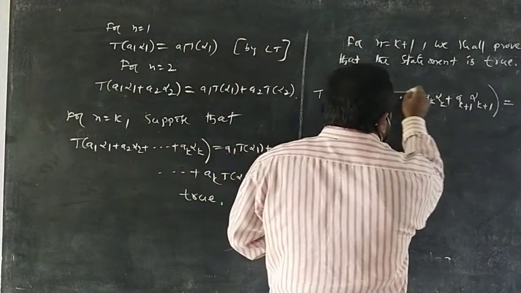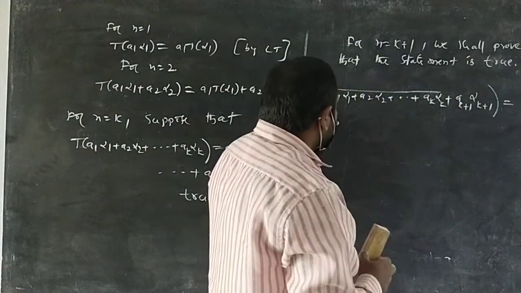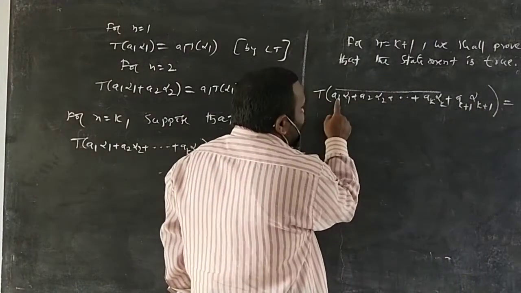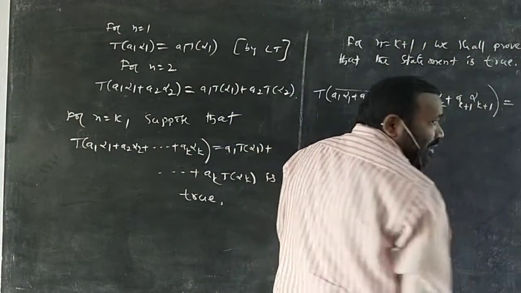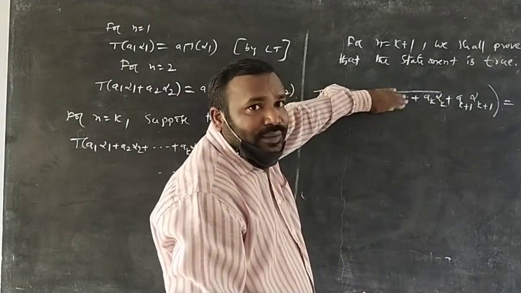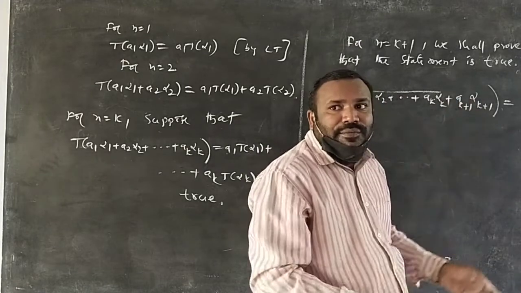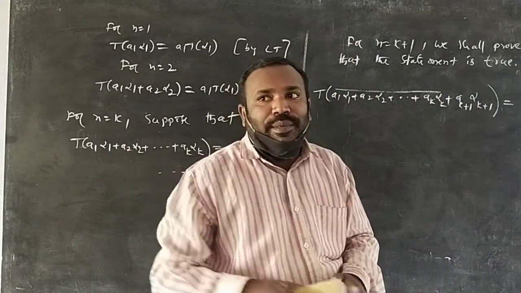Consider everything up to ak alpha k as one term, plus the last term. It looks like T of a alpha plus b beta. Take all of this as one alpha, so it looks like 1 alpha plus b beta. But if there are two terms you can use the linear transformation definition.